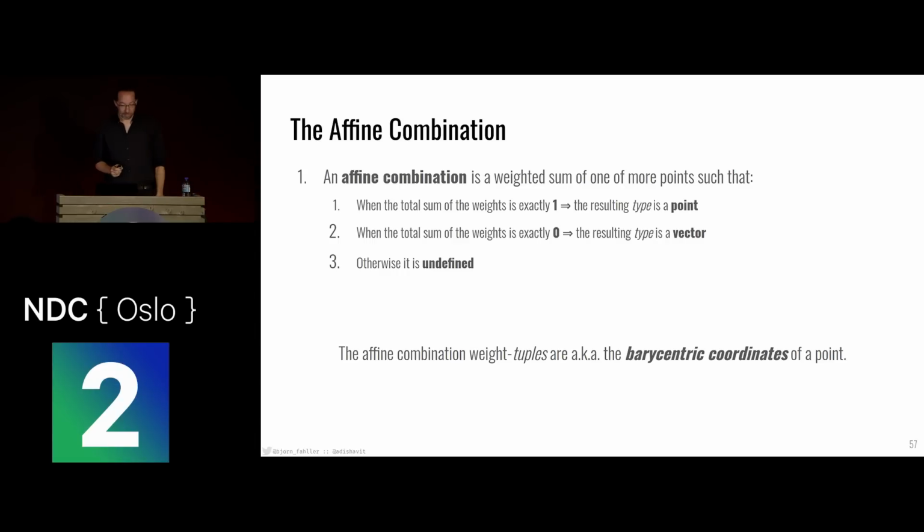Right. So if you go to the mathematical literature about affine spaces, there is one additional operation which is called the affine combination, which I think is very interesting. And I want to present it and mention it in our context of speaking about APIs and types. Now, the definition.